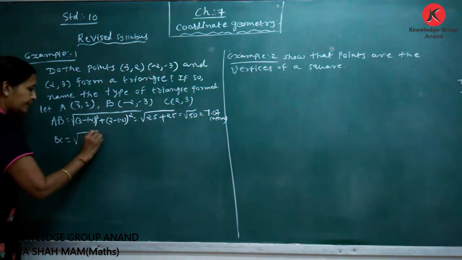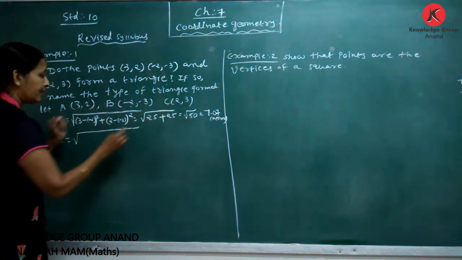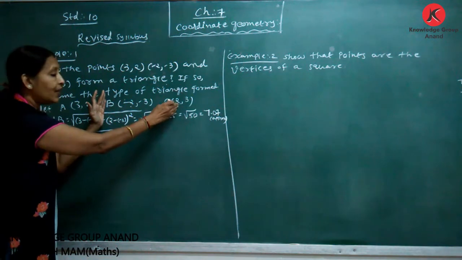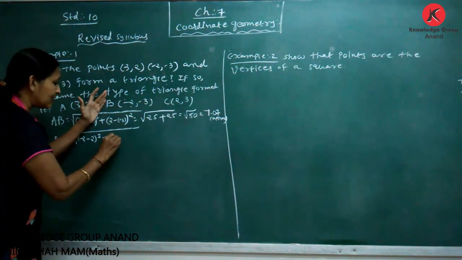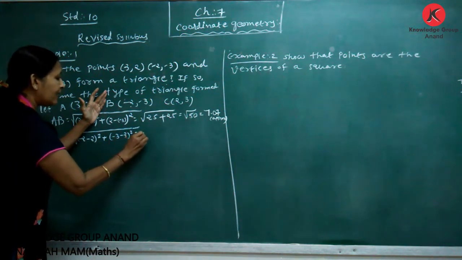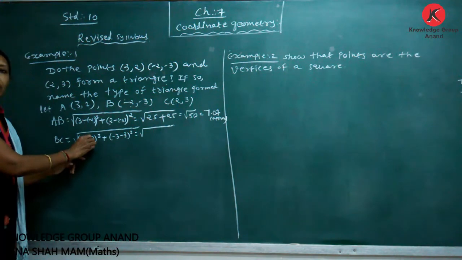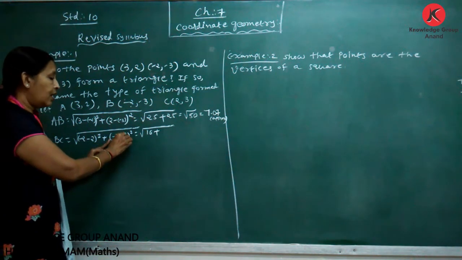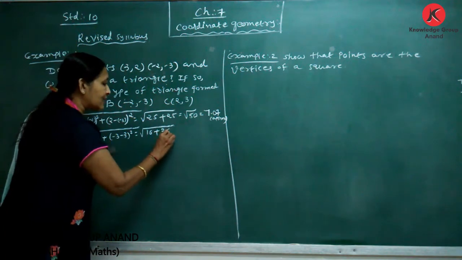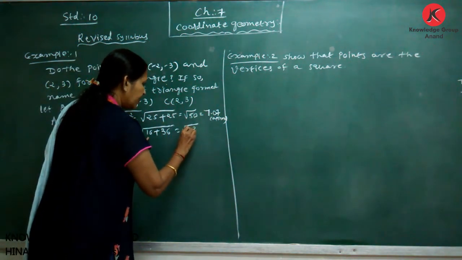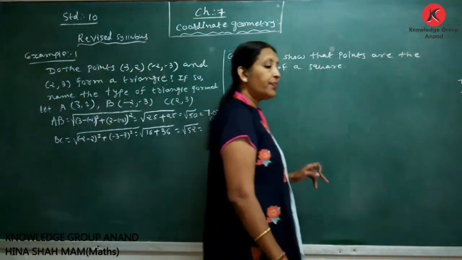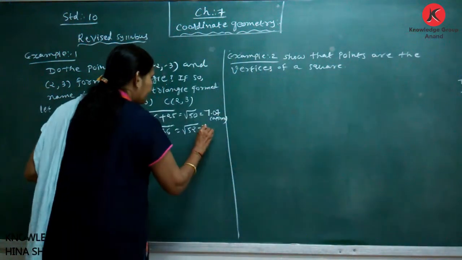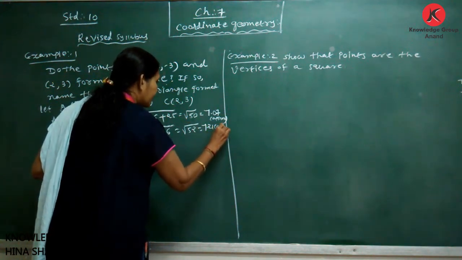BC is equal to the root of (-2 minus 2) whole square plus (-3 minus 3) whole square, which is (-4) square, 16, plus (-6) square, 36, equal to 52. Root 52 is approximately 7.21.